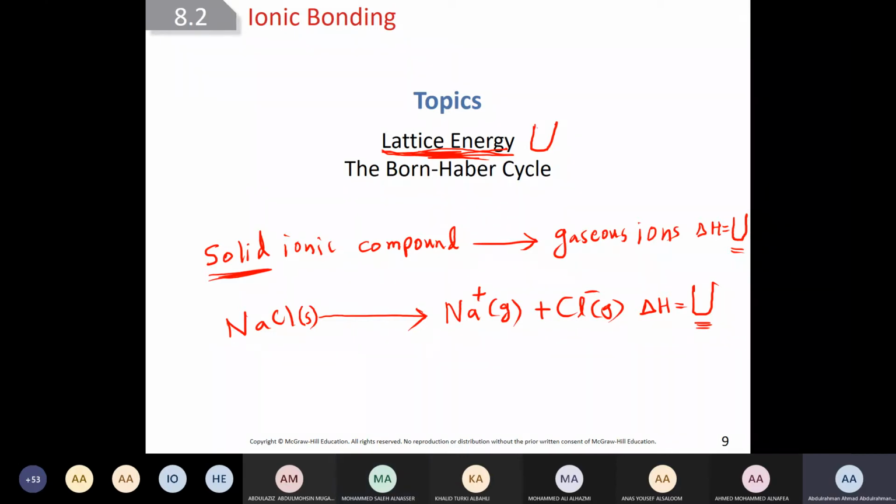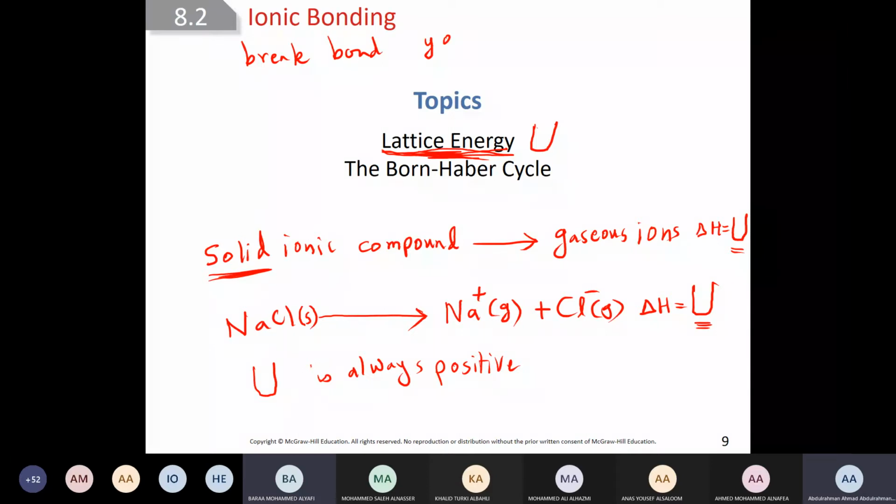U is always positive. Why is that? Because you are breaking bonds. Whenever you break a bond, you need energy. It is endothermic, right? The bond is like a stick. If you want to break the stick, you need energy to break it, right?